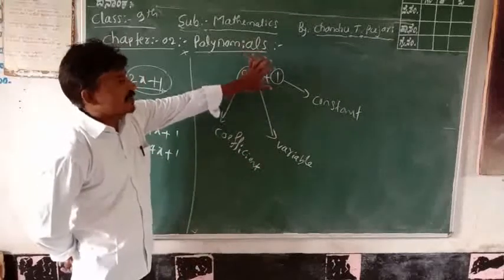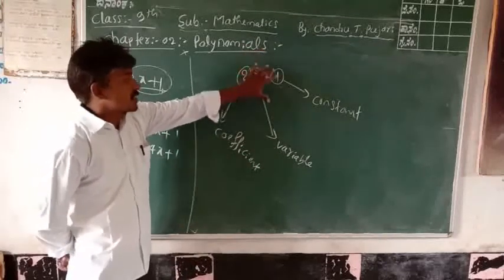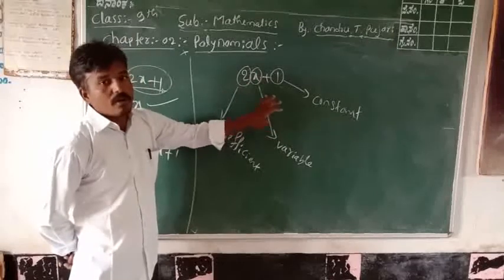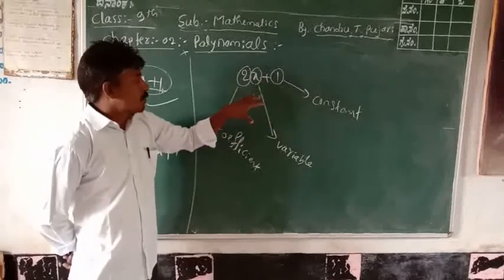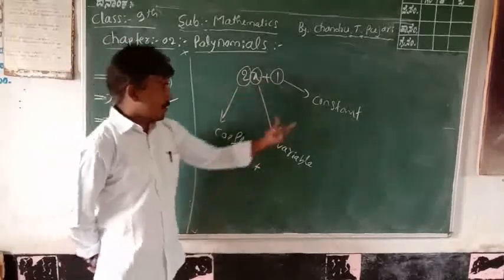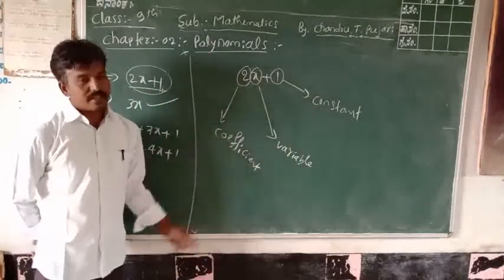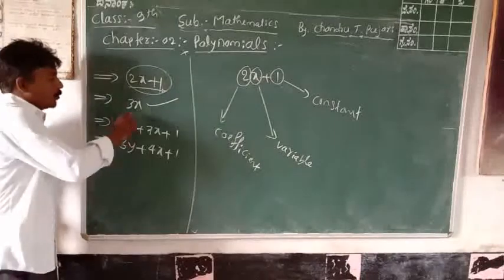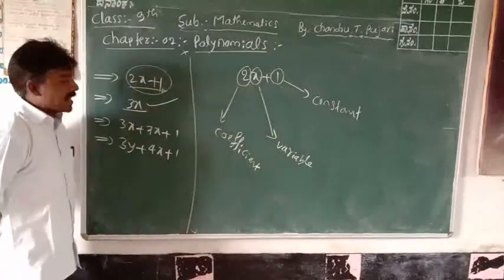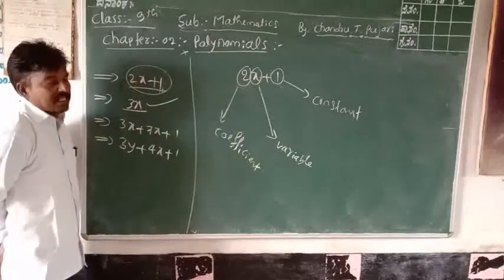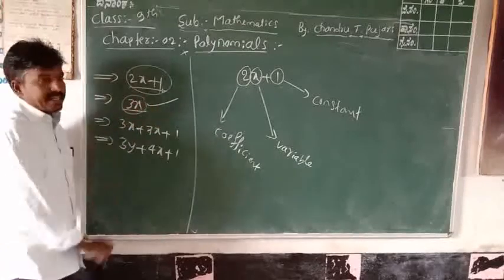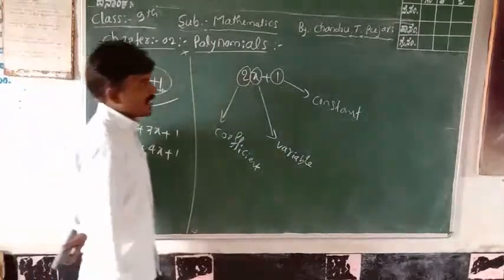In algebraic equations there are these three components: constant, variable, and coefficient. Next, the second one, 3x, is an algebraic equation. In this one, the constant value is 0.